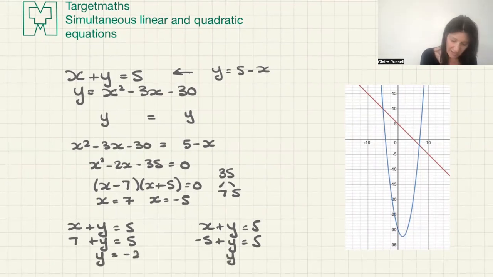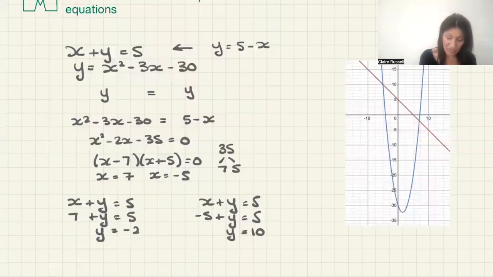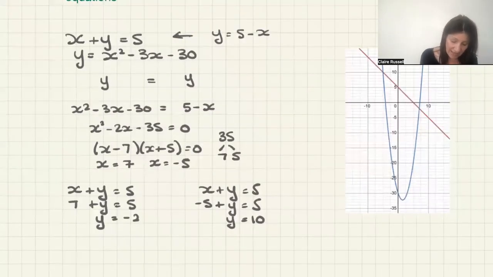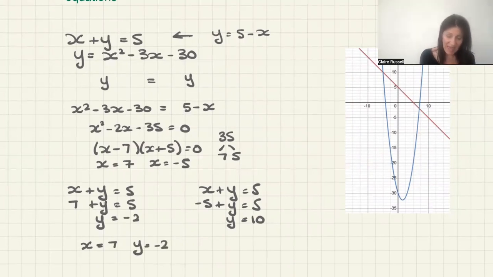And y equal to 10 over here. So now I've got my x and my y values. The way that I would represent this as an answer on an exam question or in a textbook is that when x equals 7, y equals minus 2, keep them in their pairs.